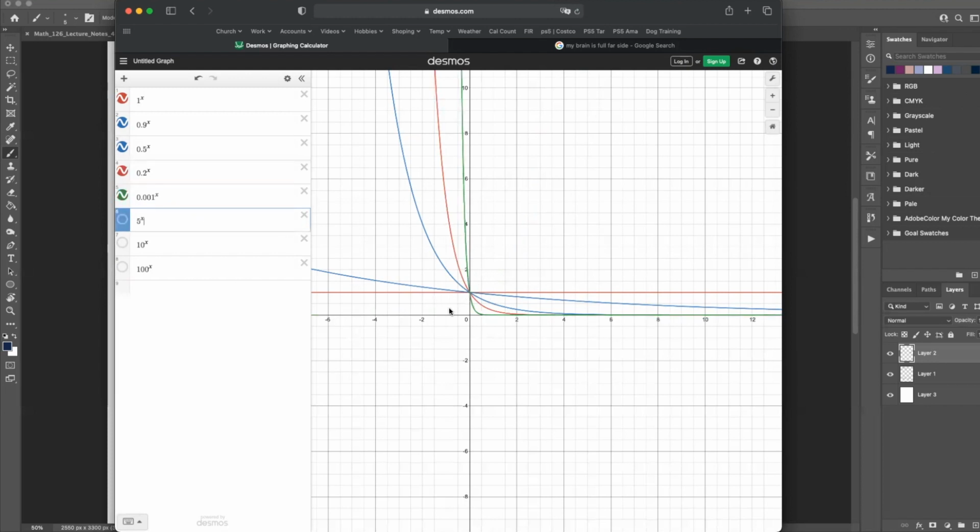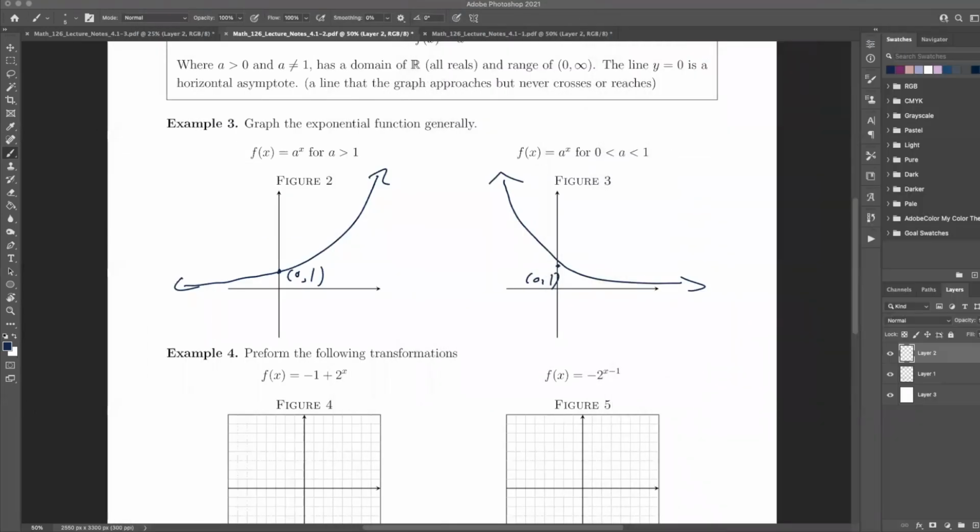And notice the same thing is true here. If the base is less than 1, they slowly increase the closer they get to 0, and so it bends this way. And that way you have an intuitive sense of what the graph should look like.